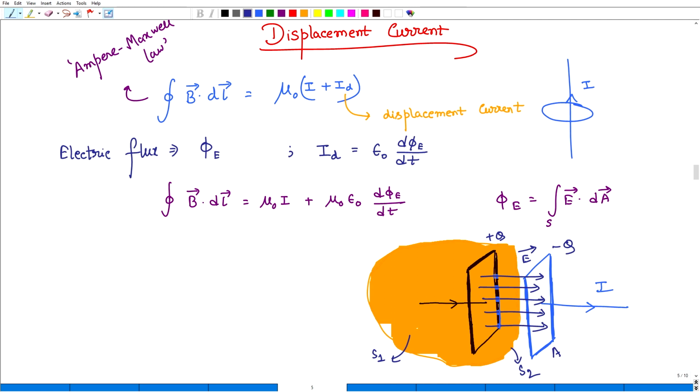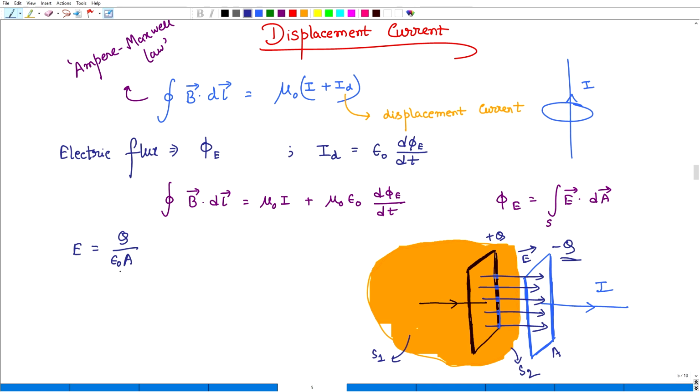We know that the electric field E will be, let us say we are not using the vector sign, Q, the total charge, divided by area and permittivity. Here we are considering vacuum, that's why we are writing the permittivity of vacuum, epsilon naught.